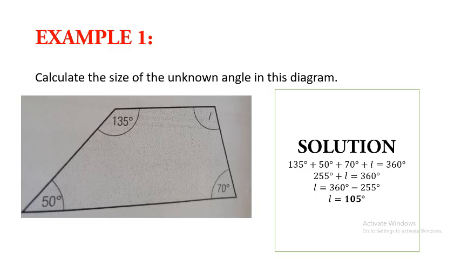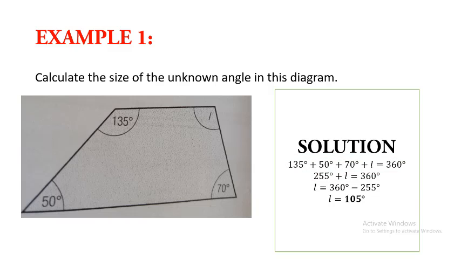Now let us focus on the solution. Remember, the property says if we add all four angles in this trapezium, the answer is 360 degrees. So 135 degrees plus 50 degrees plus 70 degrees plus L is equal to 360 degrees.